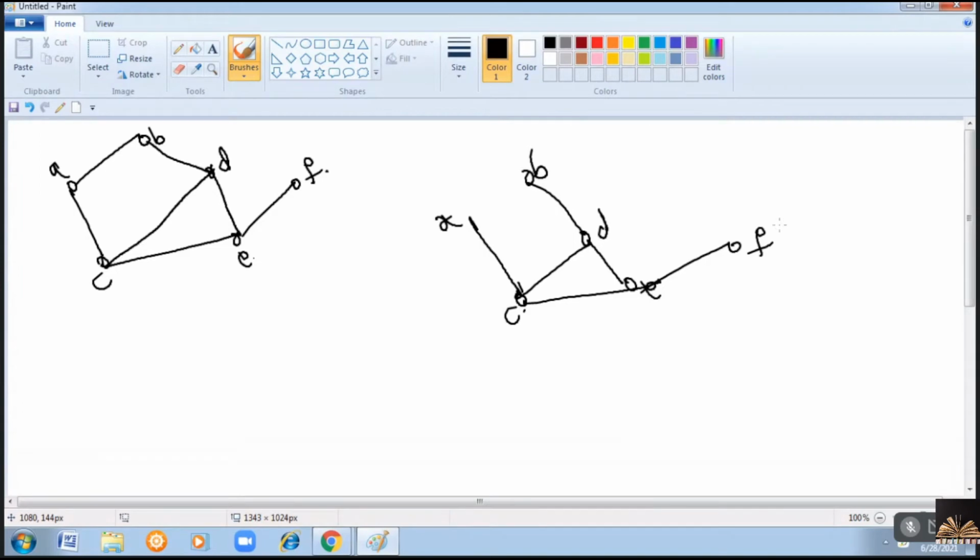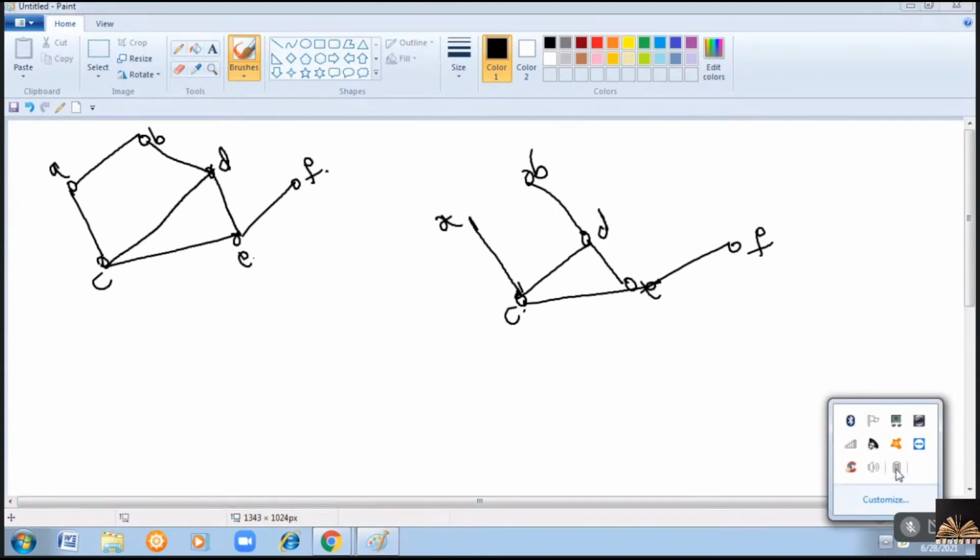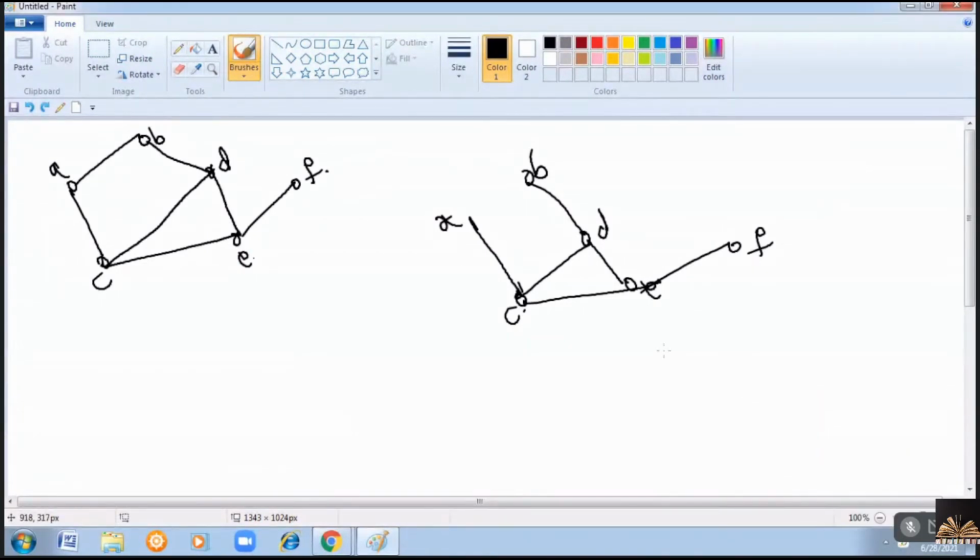Therefore, A comma B is not a cut edge. So A comma B is not a cut edge. So cut edge. Consider removing another edge.